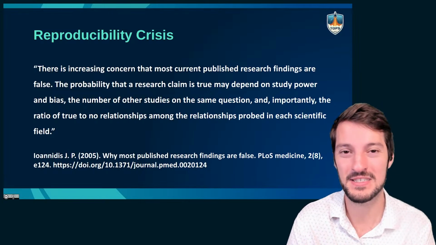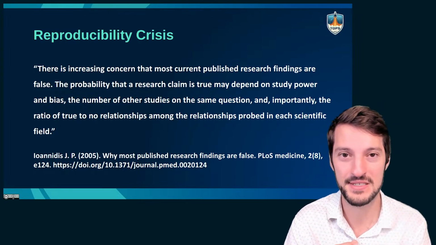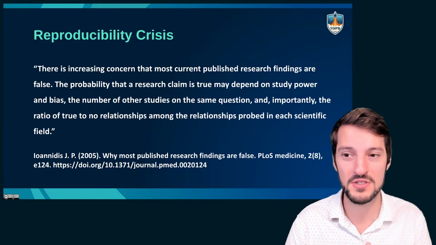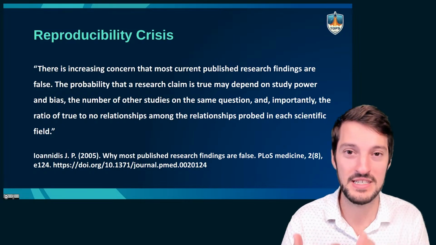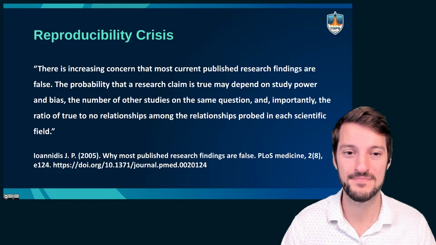That is what it is to be a scientist. We want to be inquisitive and questioning at all times. But many fields are undergoing this reproducibility crisis where papers or individual studies are failing to reproduce.